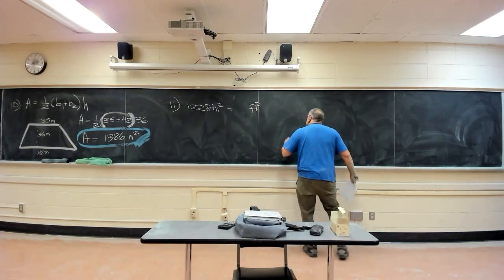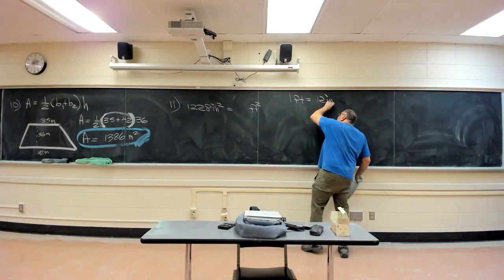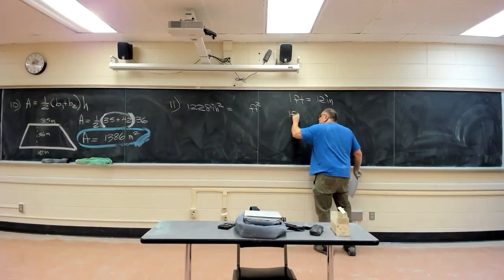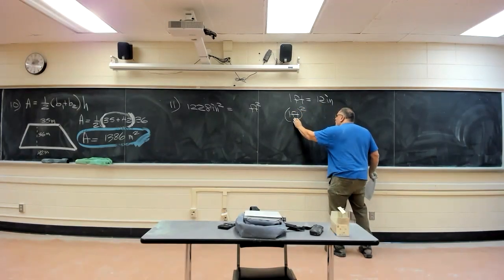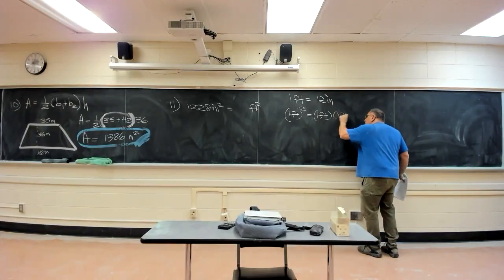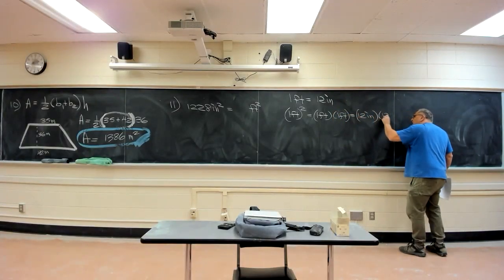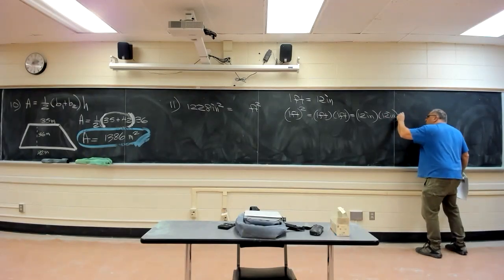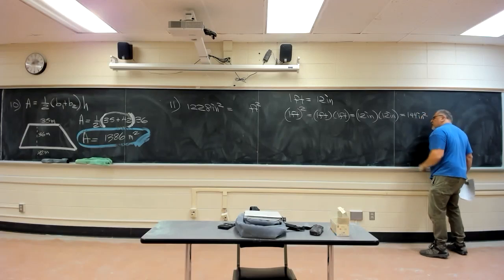This is pretty important. 1 foot is 12 inches. 1 foot squared is not 12 inches. It is 1 foot by 1 foot, which is 12 inches by 12 inches, which is 144 square inches.